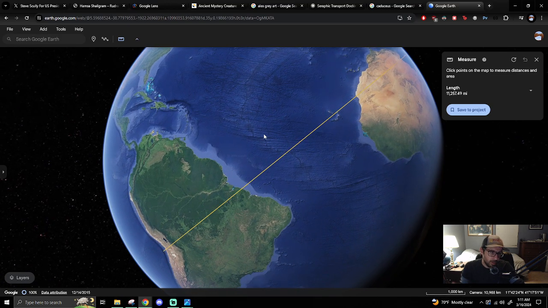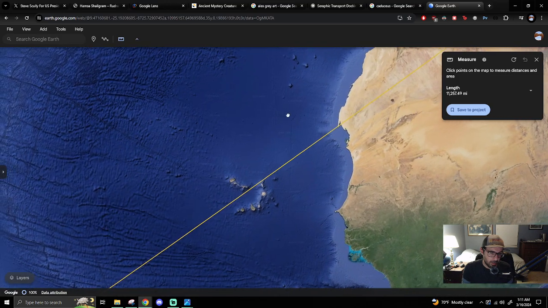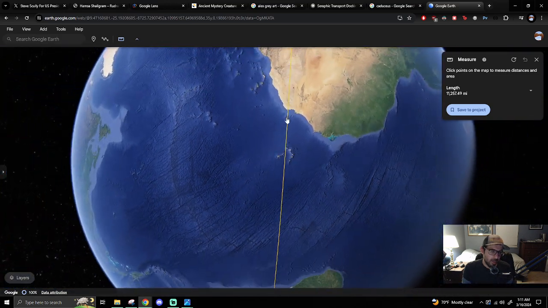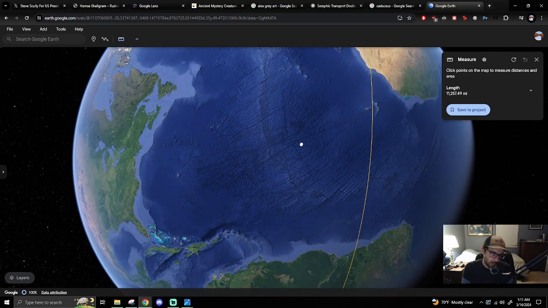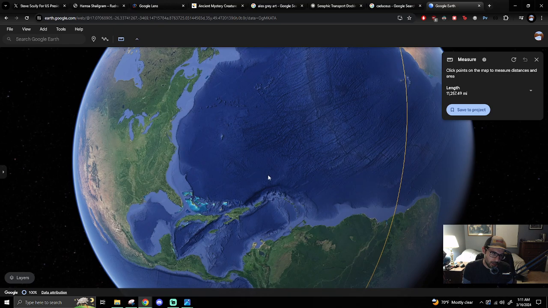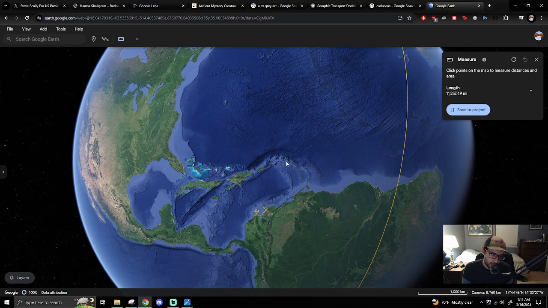But then the continents separated, so current flow that was going across here and then exiting like over here, like in this region, that was then down here pretty much.